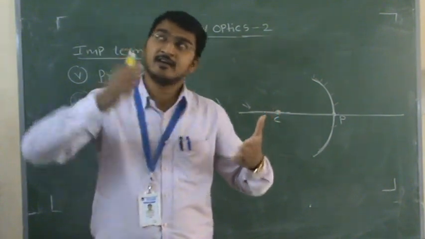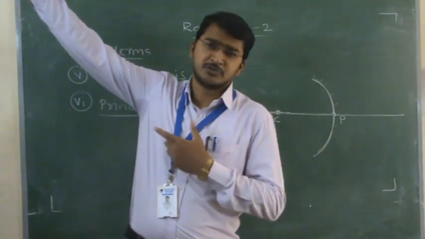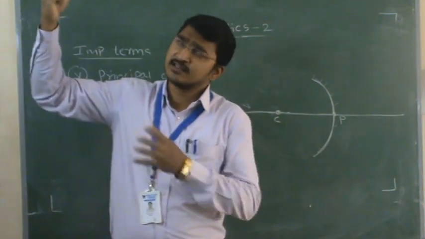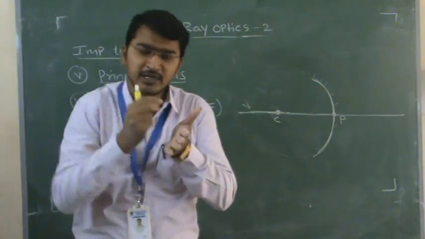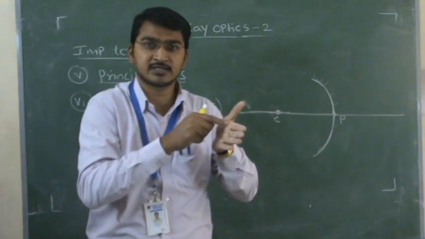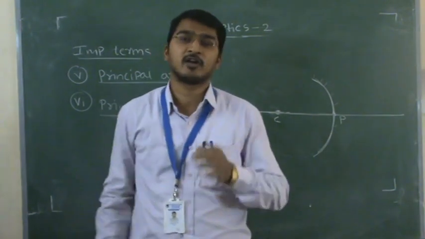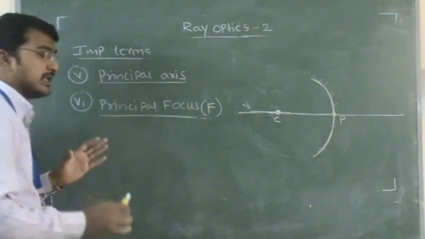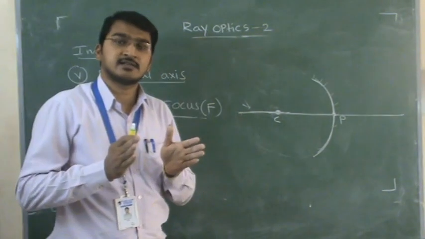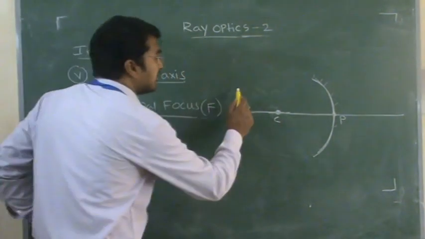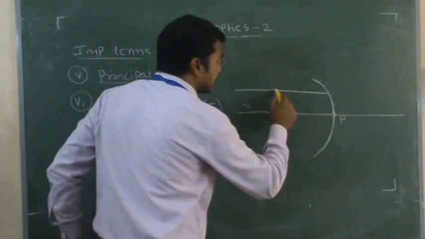So that means the object is the sun, which is at a longer distance, almost infinite distance. So we are focusing that sunlight completely into a small point on the paper. That point we call principal focus. Remember that any light rays which are coming from infinite distance are always parallel to the principal axis.